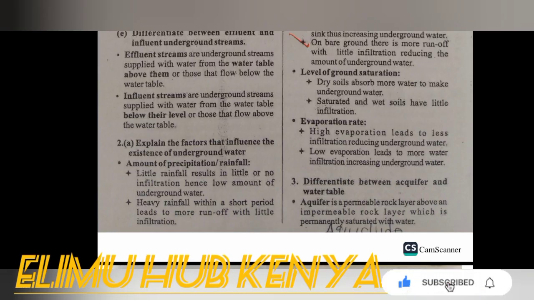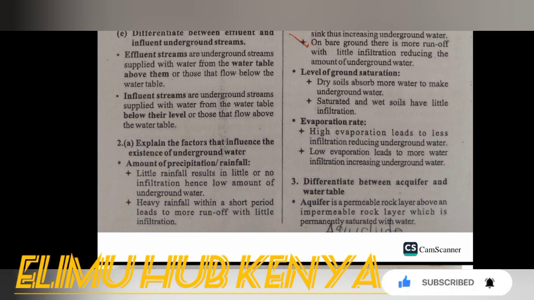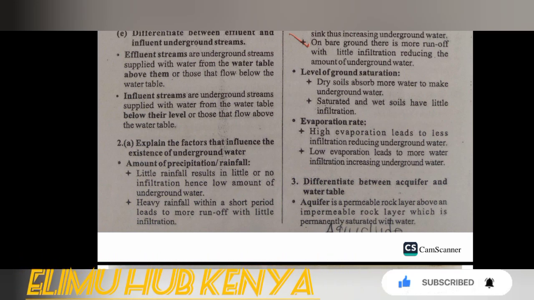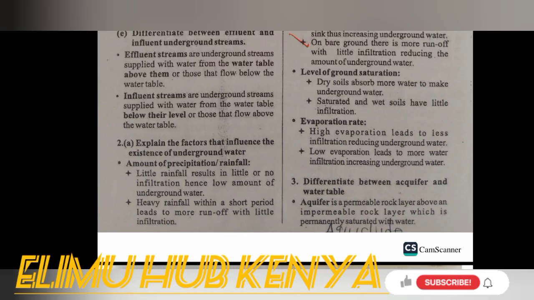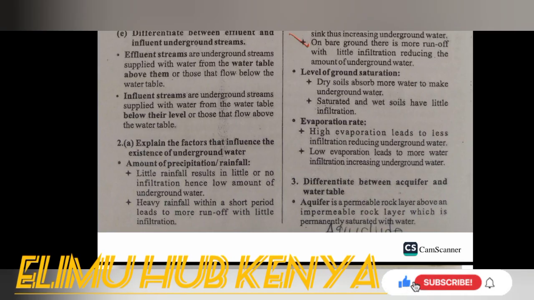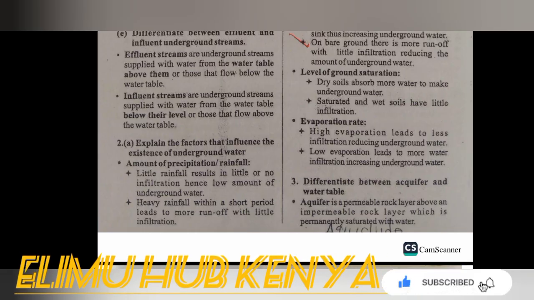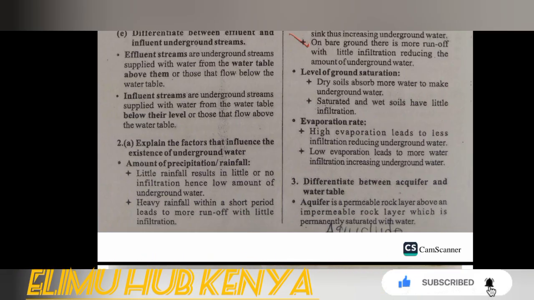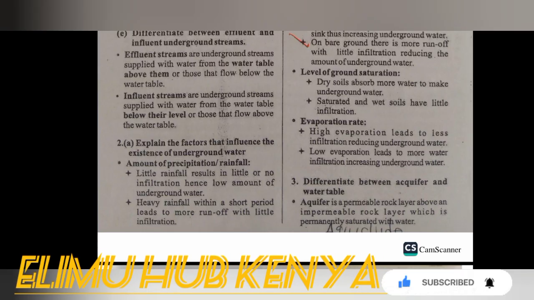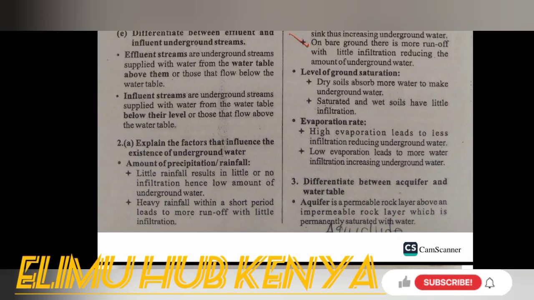Light rainfall, so a small amount of rainfall which falls over a long period of time, normally gives time for the ground to allow for infiltration, and this will imply that at the end of the day there will be a lot of infiltration taking place, contributing to more underground water.